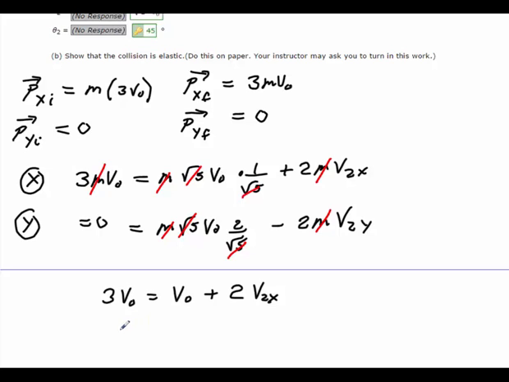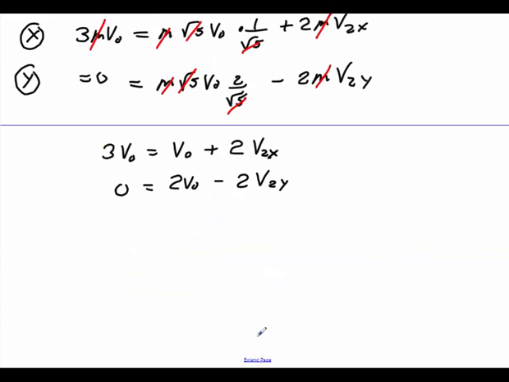So first equation. Then we get 0 is equal to 2VO, because I got 2 there, minus 2 V2 in the y.